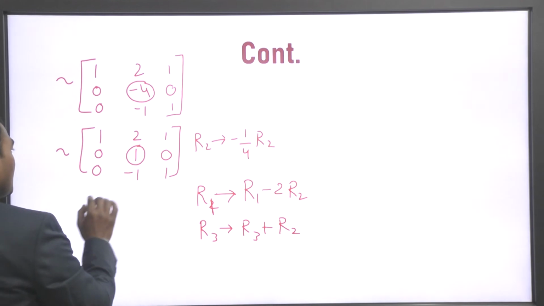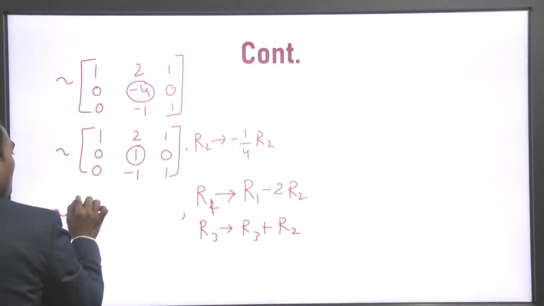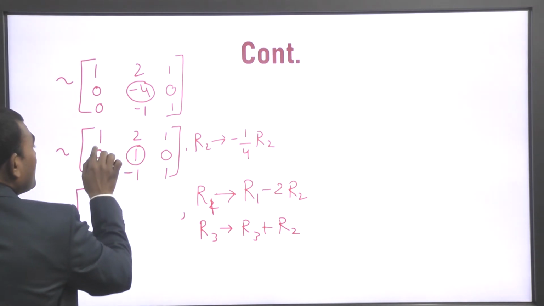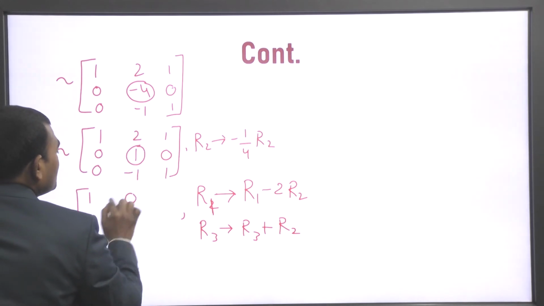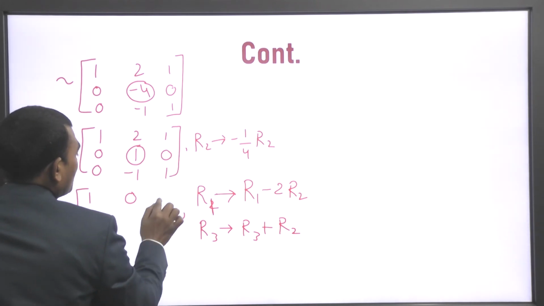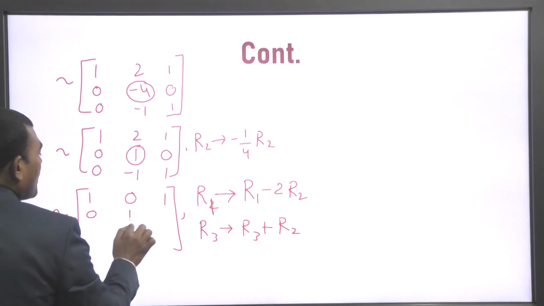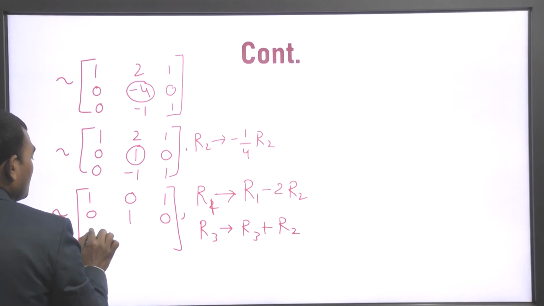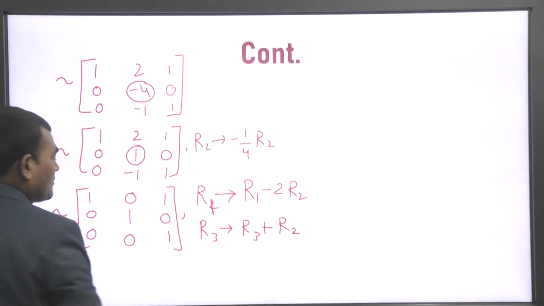This is correct. Now in the equivalent matrix the first row changes to R1 minus 2 R2: 1 minus 0 is 1... that is, 1 0 1. The second row will not change, 0 1 0, and the third row will change: 0 plus 0 is 0, minus 1 plus 1 is 0, 1 plus 0 is 1.